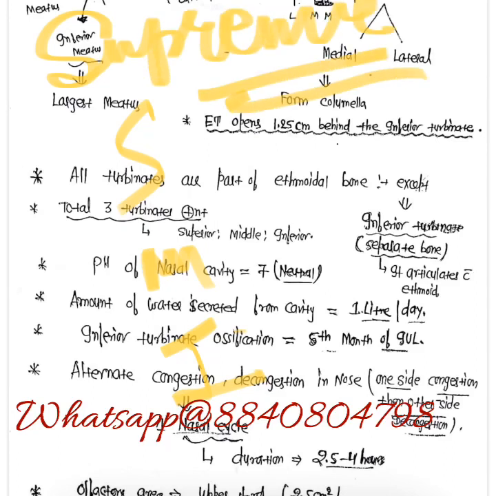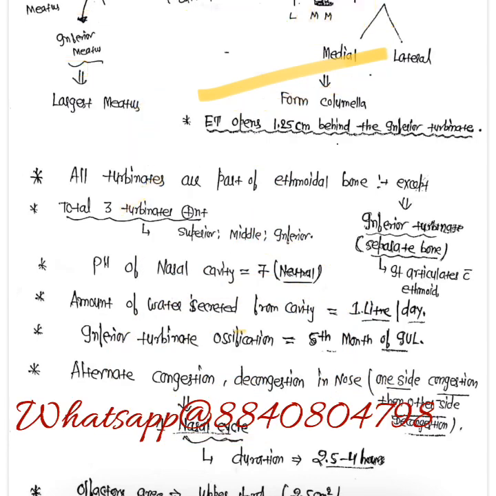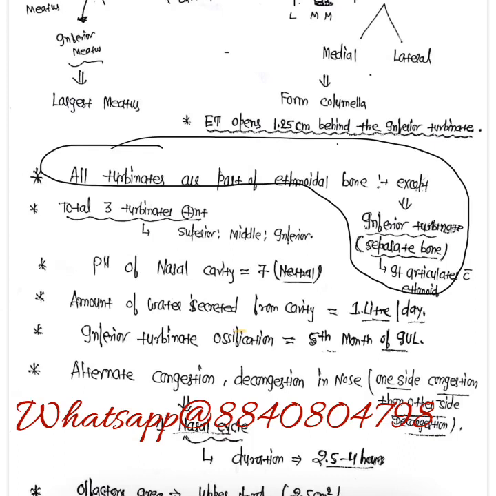Now the important MCQ they ask out of this is that the superior, middle, and all the other turbinates are part of the ethmoid bone, whereas the inferior turbinate is a separate independent bone which is attached to the ethmoid bone. This is an MCQ they very frequently ask and it is relatively easy, so you cannot afford to miss this. All turbinates are a part of the ethmoid bone except the inferior turbinate.